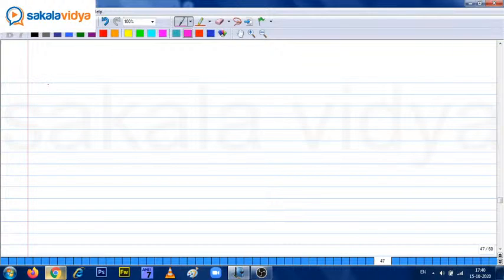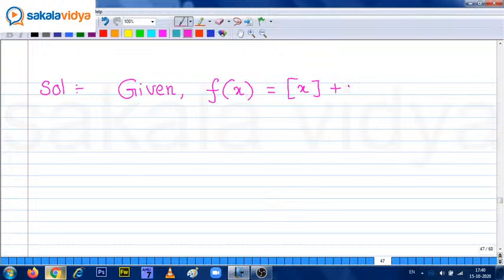Now the solution. Here given f of x is equal to integral part of x plus x. Domain is x belongs to the total real number system R. So first we need to find out the left hand limit, LHL, limit x tends to 2 minus f of x.